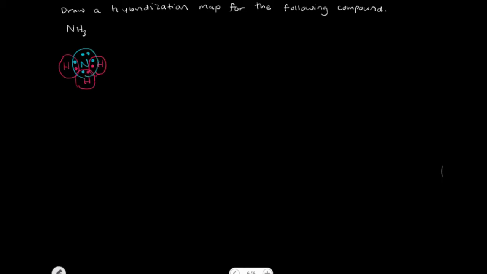Now if we construct a structural diagram here, just to demonstrate what type of bonds you would expect, you get a structure that looks like this. So you would expect 3 single bonds, so 3 sigma bonds, but there's also 1 lone pair.